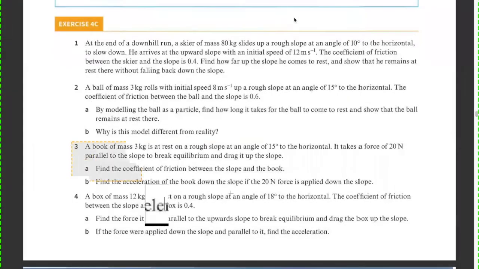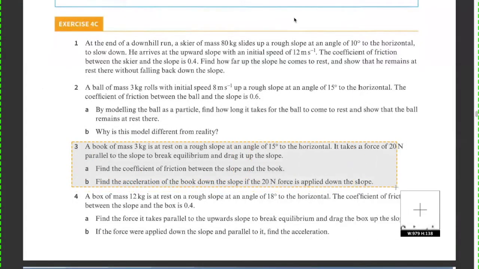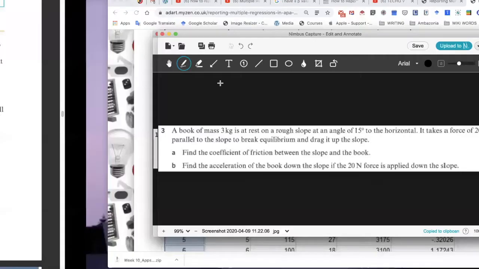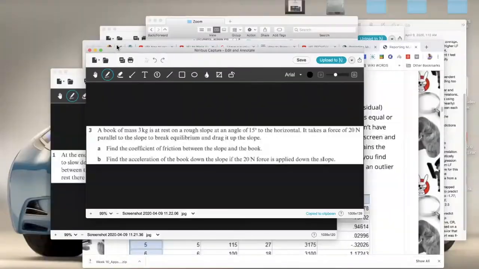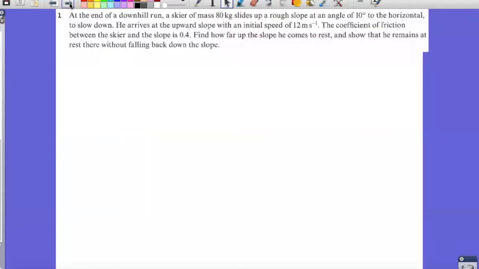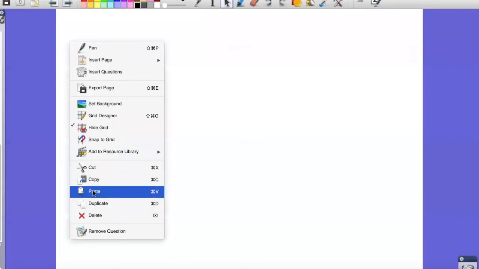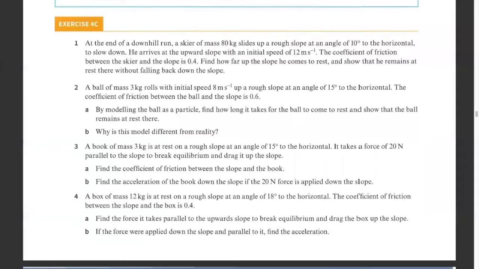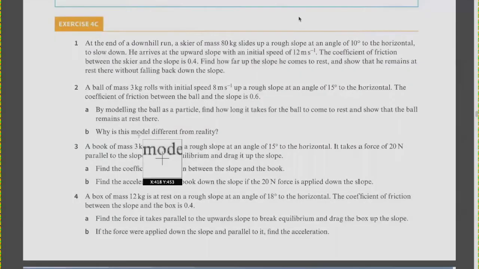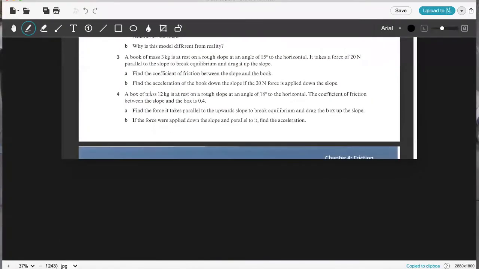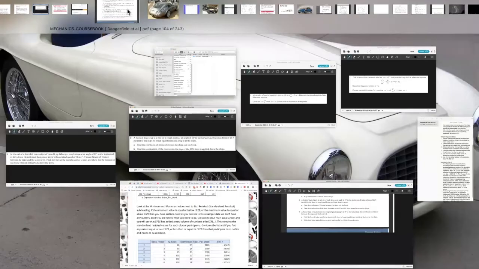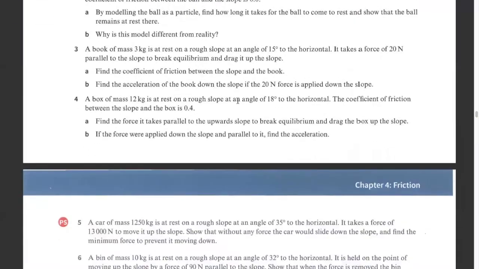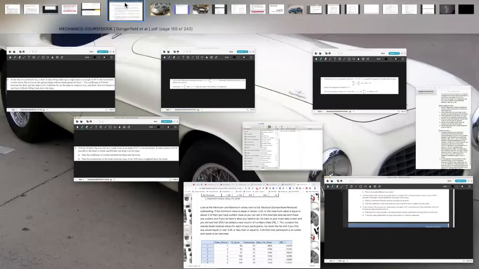I'll solve the odd numbered ones, and then you will solve the even numbered questions at home. Question 5.